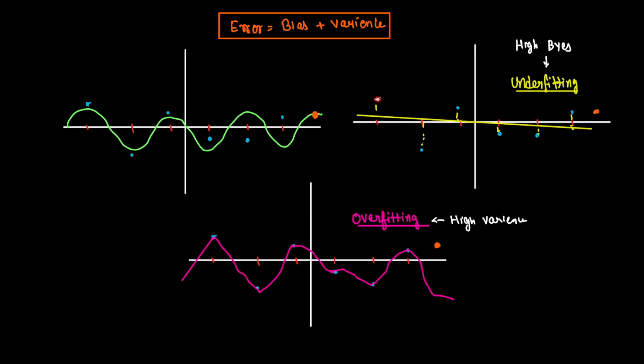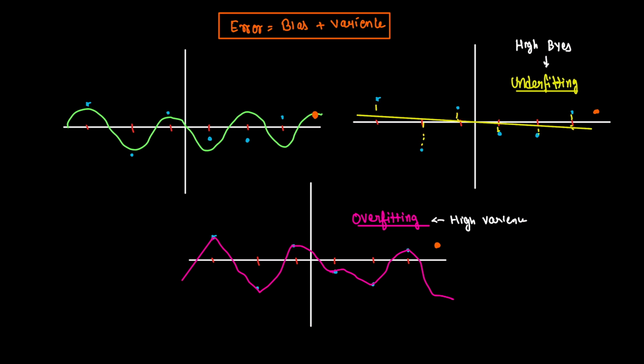Let's say these are our data points, and we selected a random learner which gives a line like this. Let's say we selected a linear classifier or regression. Here you can see these are the errors.